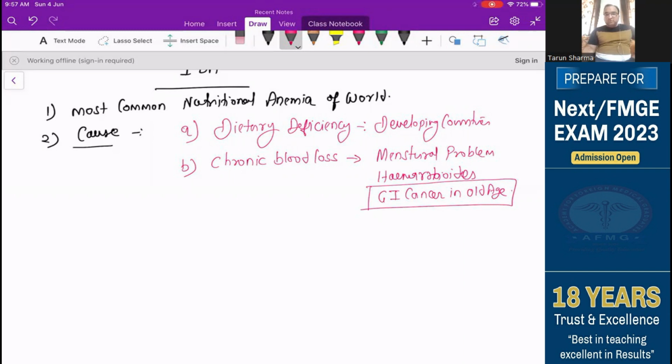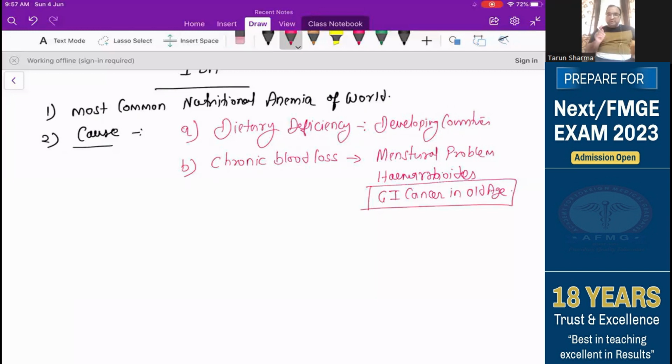So whenever there is unexplained iron deficiency anemia in old age, always evaluate that patient for GI cancer. You might catch those cases by just a very simple thing, and that is severe iron deficiency anemia in old age that is unexplained by any other cause.